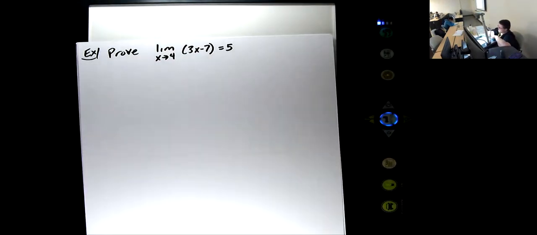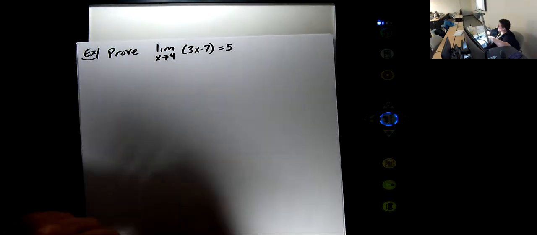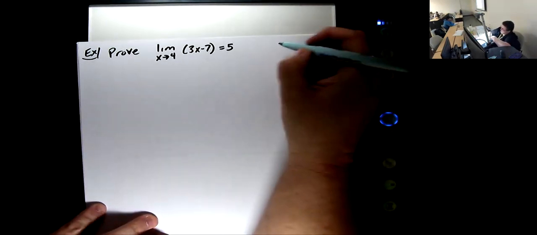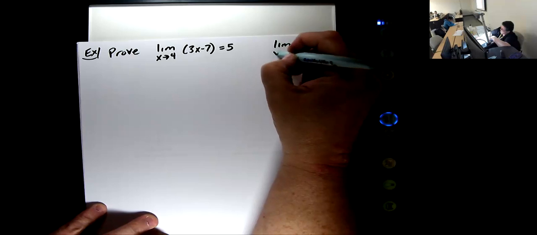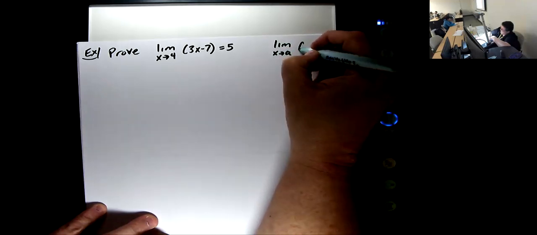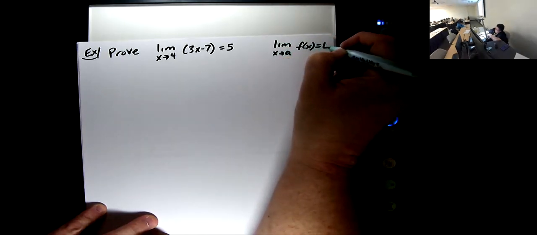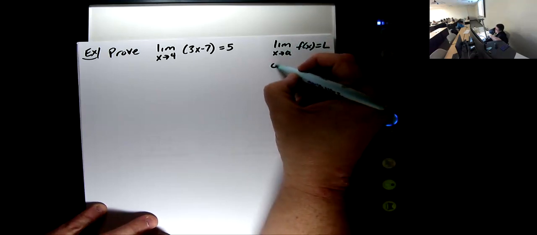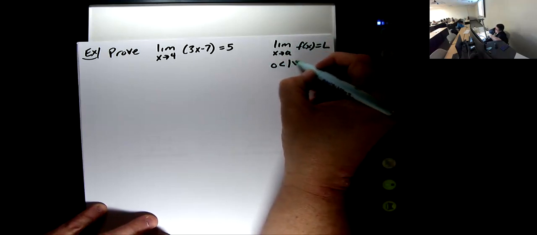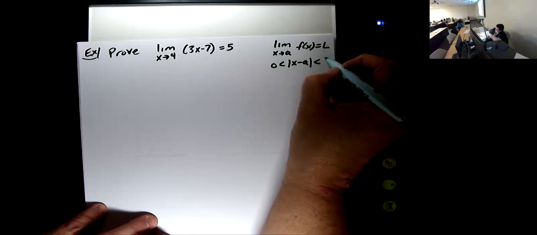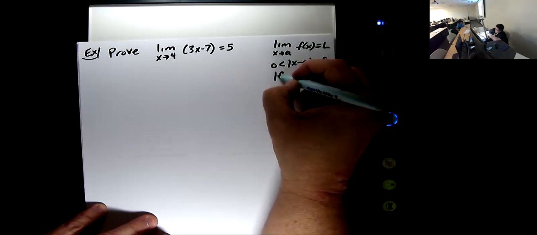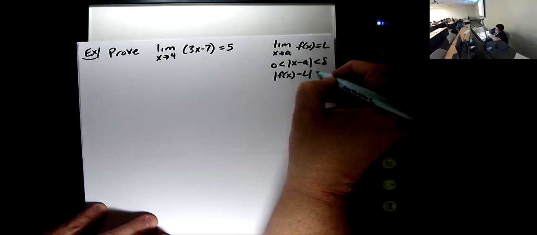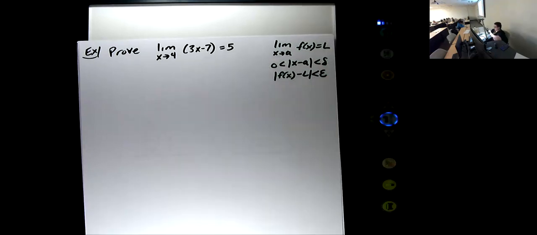Now, while you're learning how to do this, it's kind of handy to have the other forms listed. Like the generic form is limit as x approaches a of f of x equals L. And then we're looking at 0 less than the absolute value of x minus a is less than delta. And we're looking at |f of x minus L| is less than epsilon. So we need to pair all this up.